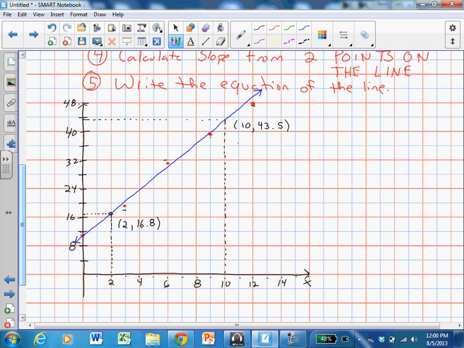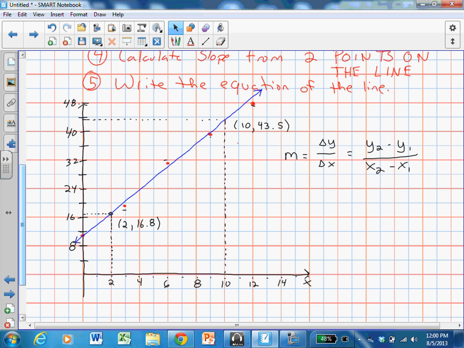Now, the slope formula, if you remember, is change in y over change in x, or y2 minus y1 over x2 minus x1. The rise over run thing, where you take the y's and find the difference. So we're going to have this part right here.